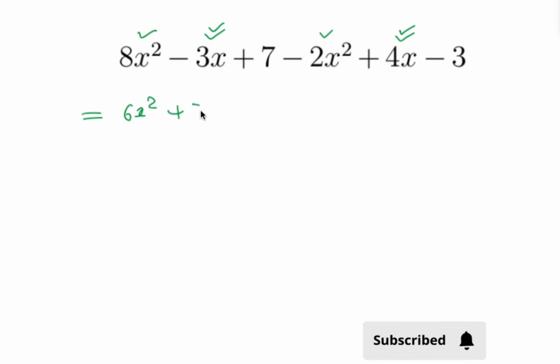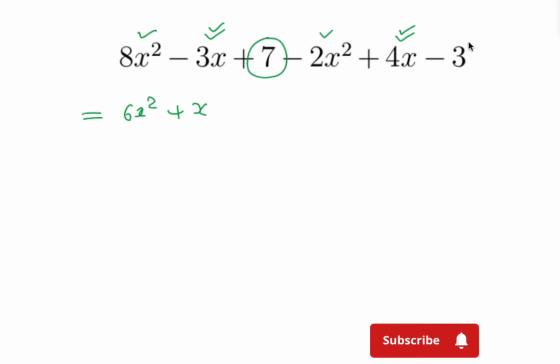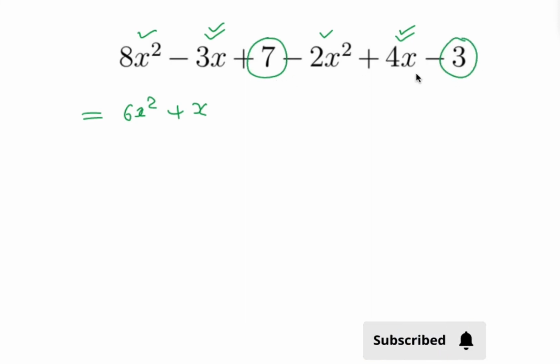It means x. Here you can imagine 1x. Okay, this one 7 and -3 constant are like terms. So 7 minus 3, which is 4. And this is the answer.